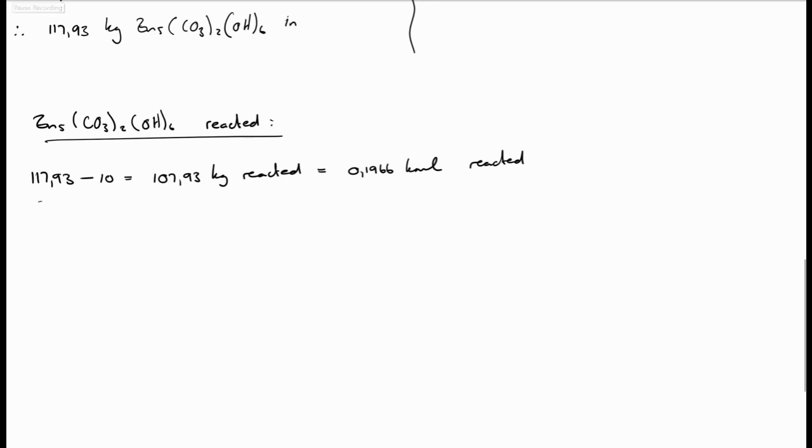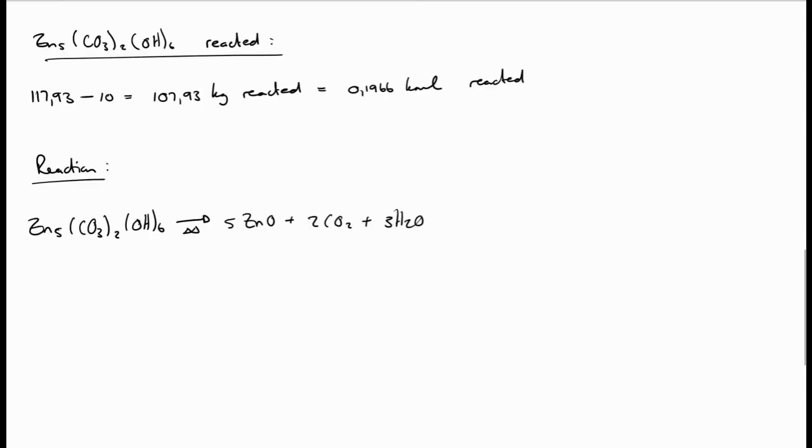If I now take the mass of hydrozincite in, I subtract the mass of hydrozincite out, I get the mass of hydrozincite reacted. And from this, I can calculate the kilomoles of hydrozincite reacted. And by looking at the chemical reaction, we see that for every mole of hydrozincite reacting, we have 2 moles of CO2 forming and 3 moles of water forming.